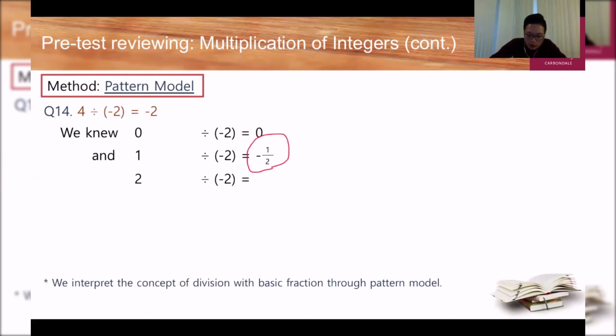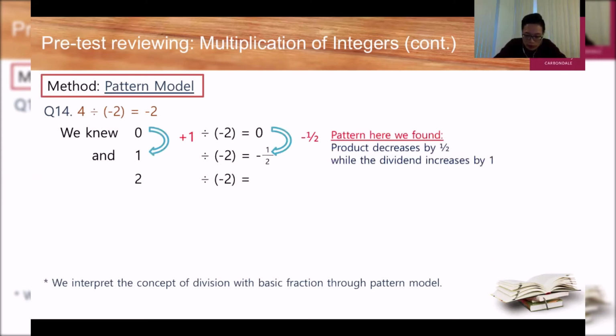So here we found a small pattern. The pattern here is when dividend increases by 1, the product will decrease by 1/2.